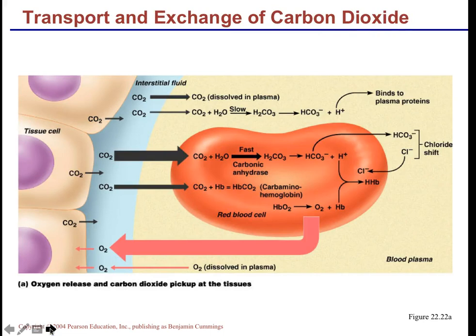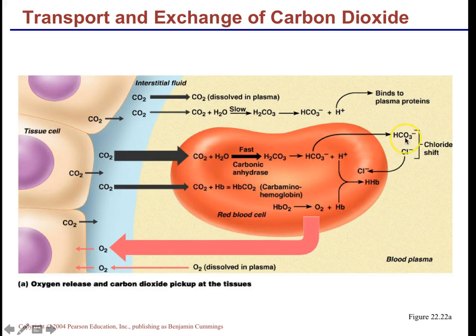This is a slide from hell, but if you love chemistry and chemical equations, this is trying to show you that the carbon dioxide can go in, see the big arrow, go into the red blood cell, where there is an enzyme that will make it into the bicarbonate buffer.